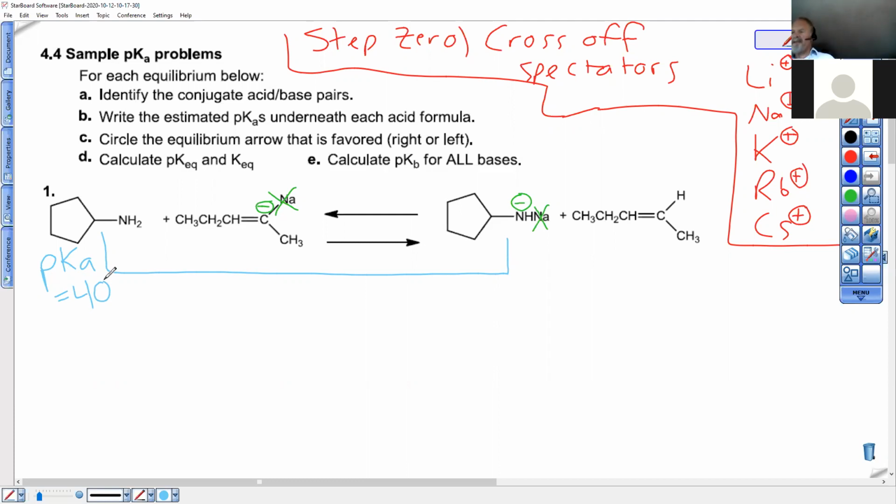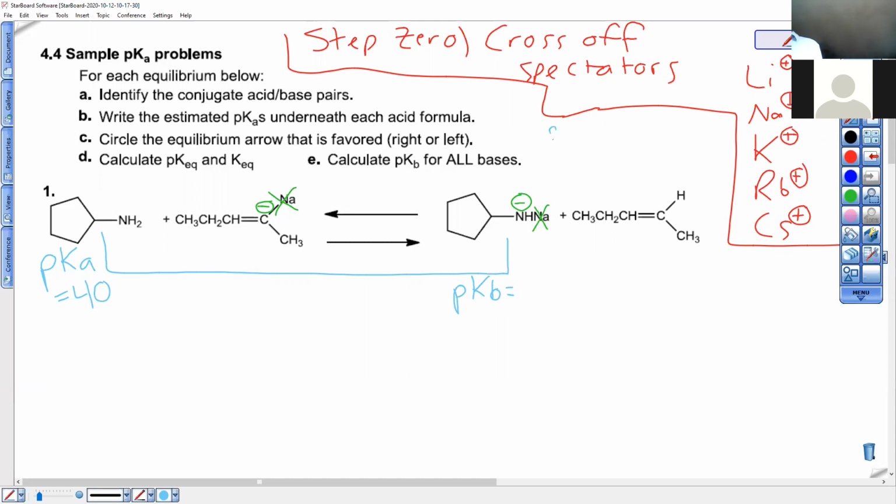Jump to part D or E while you're right here. E says pKb, and I actually may not have talked about this, and I think I'm correct. I will pick this up in our third segment today, but right now you just have to believe this fact.